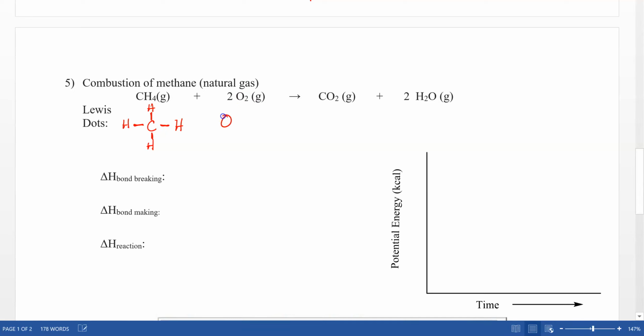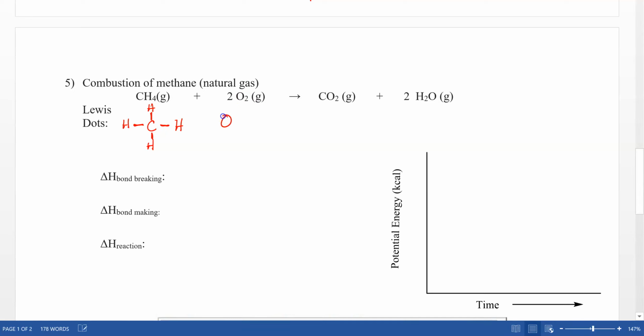So in this situation, what bonds are going to be breaking? We're going to need to break all 4 of these carbon-hydrogen bonds, and we're also going to need to break both of these oxygen-oxygen double bonds. So we need to get information on what those bond energies are. At the bottom of this page, we have some charts which have some bond energies for you.